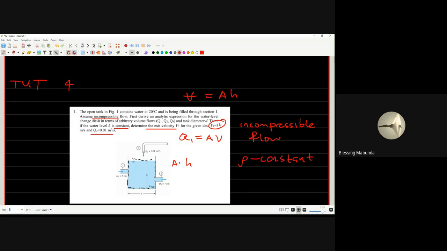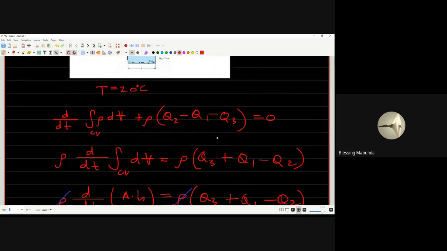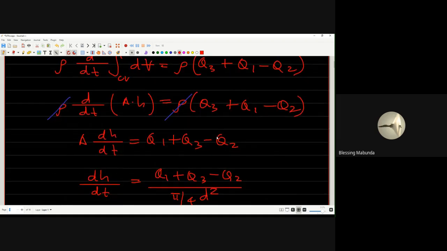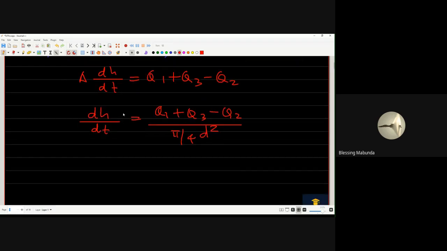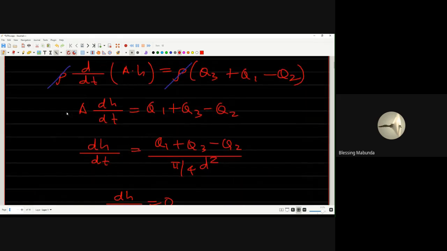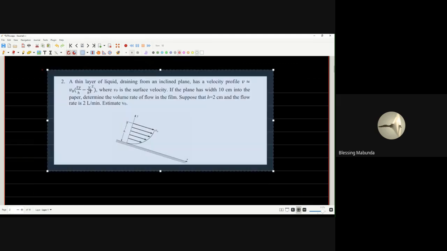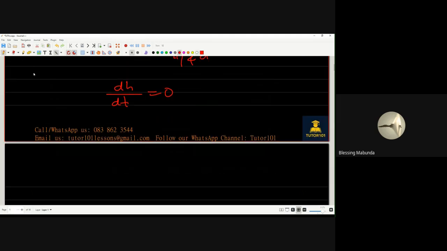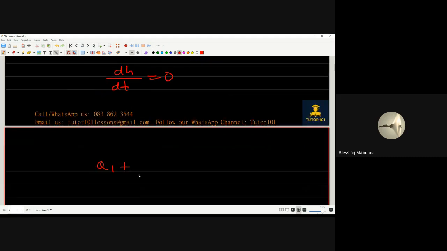With V1, we can work out what Q1 is. So if our dH/dt is equal to 0, that means we can take this term over to the left side, and that is going to leave us with Q1 plus Q3 is equal to Q2.